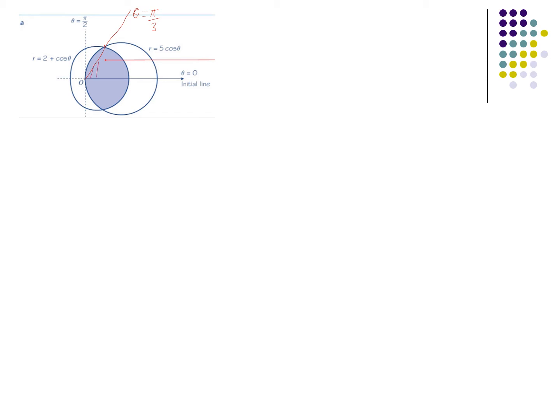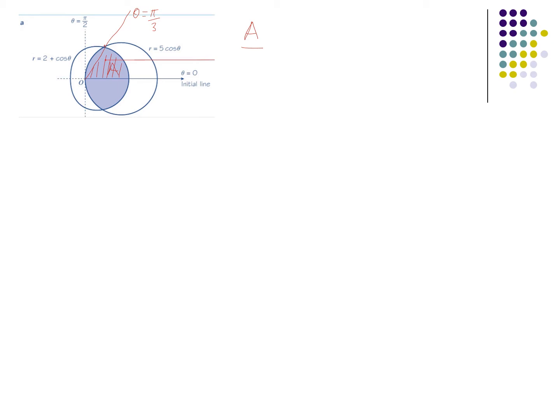The first bit is that shaded part there. So what we need to think about is which curve encloses that shaded bit. Let's call it A. Which curve encloses A, and between which limits, or which values of theta?